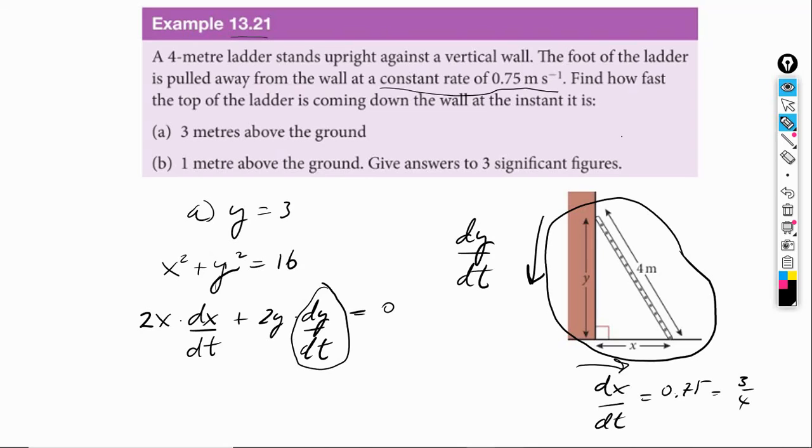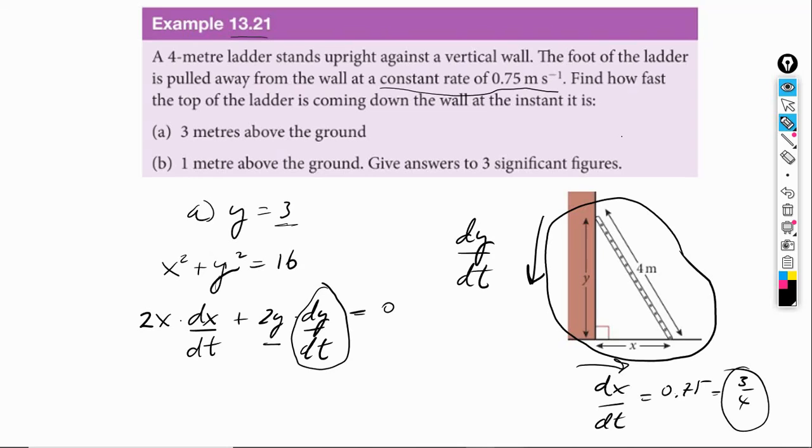Then we have this here, y, but we know that y is 3 because they're asking for the instant when the ladder is 3 meters above the ground. So y is 3. The rate of change in the x direction, we already have it. It's 3/4 meters per second.